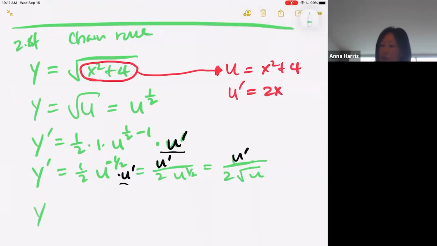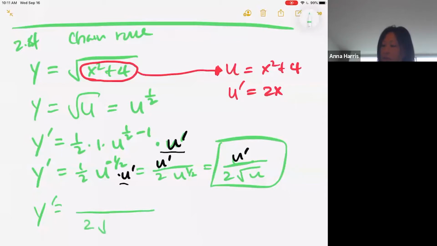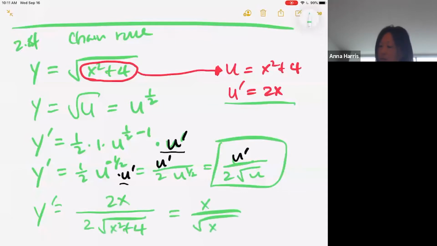So I have y prime equal to, remember this one right here, that's my final answer. I put u as the square root of x squared plus 4, and then u prime is 2x. So I have x over the square root of x squared plus 4. So I'm done. That is called chain rule.